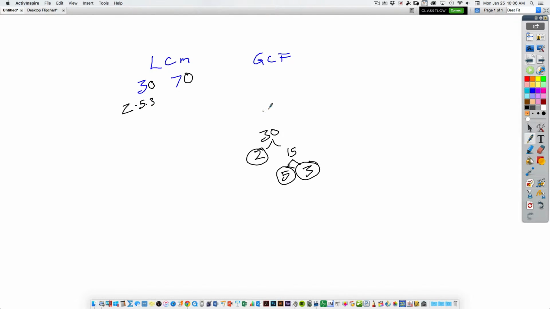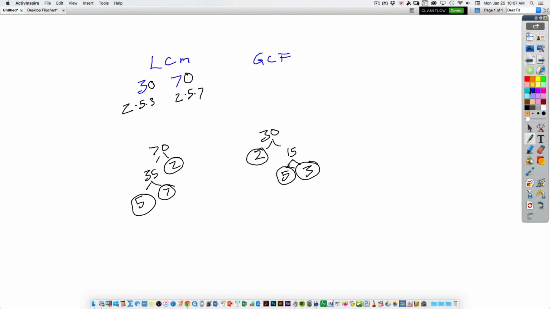Those are just my prime factors. And I'm going to do the same thing for 70. So 70 turns out to be 35 and 2, and 35 turns out to be 5 and 7. So 2, 5, and 7.